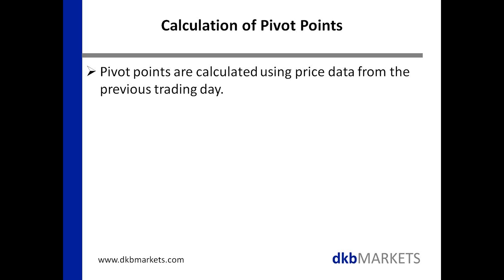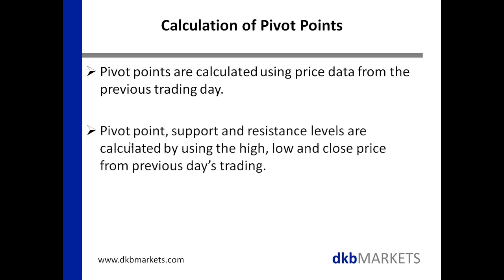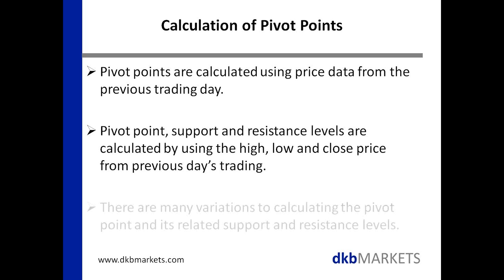The pivot point, the support, and the resistance levels are calculated using the highest price from the previous trading day, the lowest price from the previous trading day, and the close price from the previous trading day. So it's very important. It's the previous trading day's parameters you use to calculate the current day's pivot points and resistance and support levels.